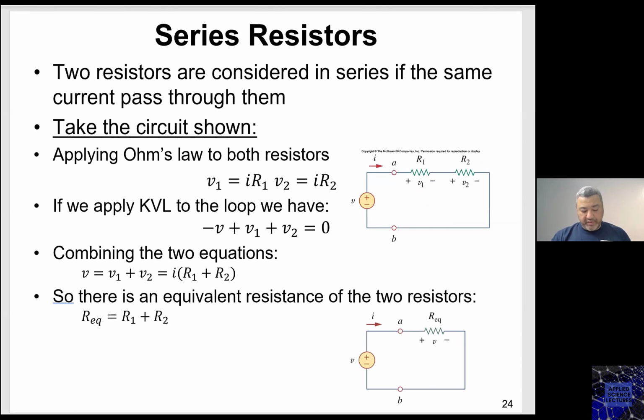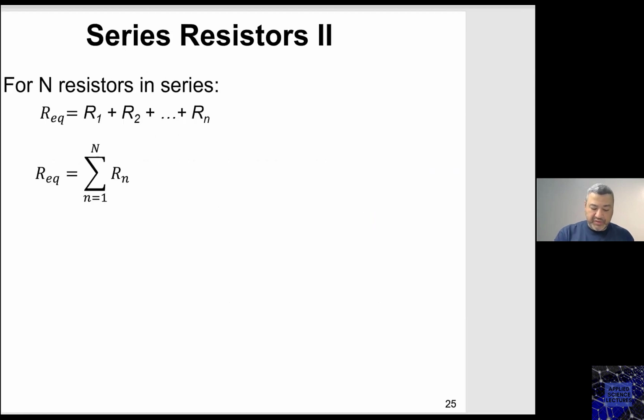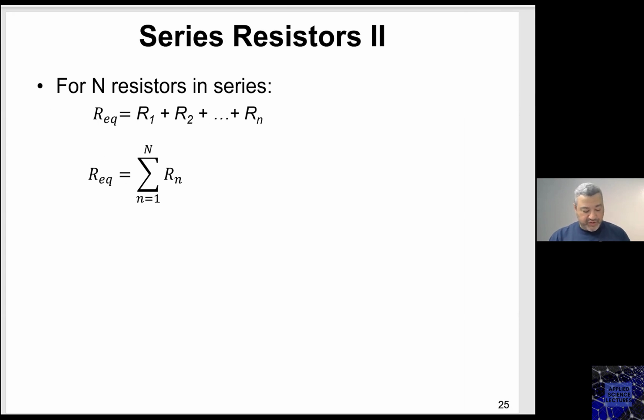So remember we talked about the series and the definition of series resistors earlier in this course. We have seen how two resistors that are in series have the same current. Now I want to take advantage of this to introduce what's called the voltage division.